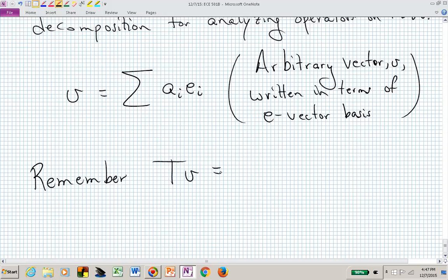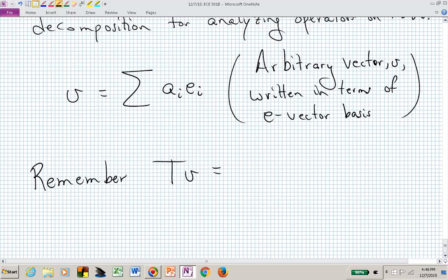Meaning, if we now apply our linear operator to a generic or arbitrary vector V, the beauty of decomposing V into these eigenvectors is that those eigenvectors are eigenvectors of that linear operator T. And in those directions, we simply scale.